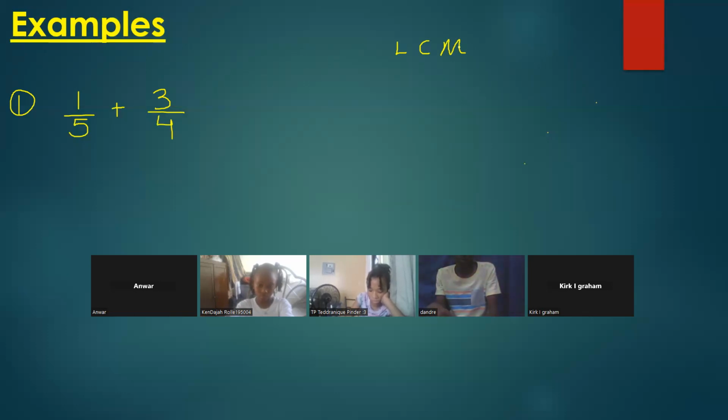Very good. So we must find the LCM, right? Yes, sir. Okay, so let's find the LCM of the denominators. So we have to find the LCM of 5 and 4. Write this on the side, please.